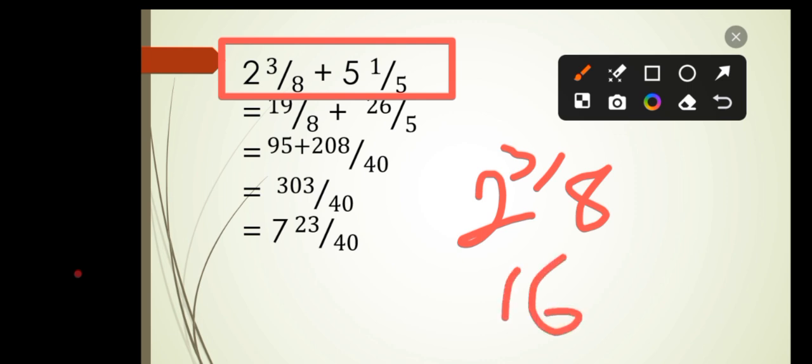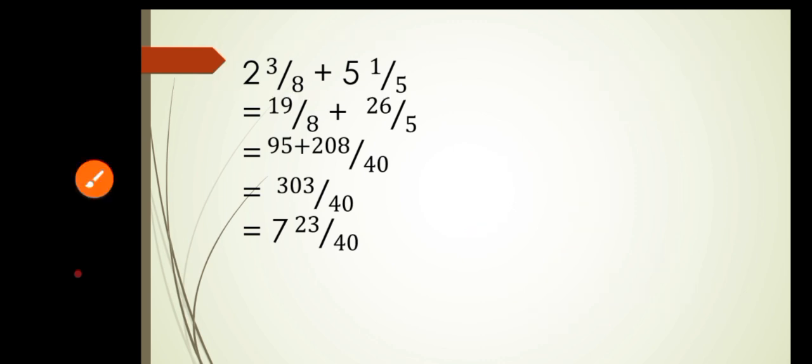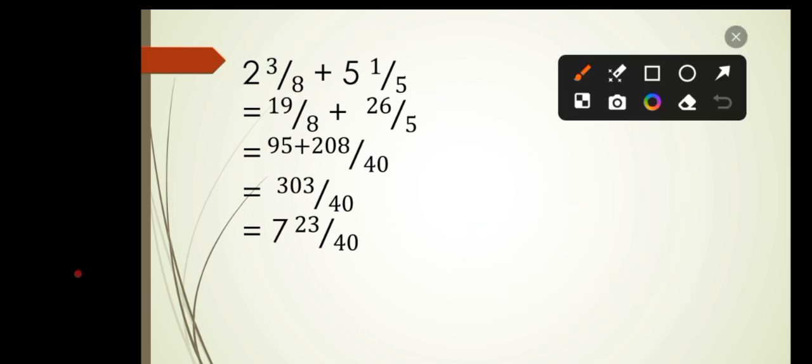Plus this 3, the numerator. What do we have? We have 19. That is how we have 19 over 8.